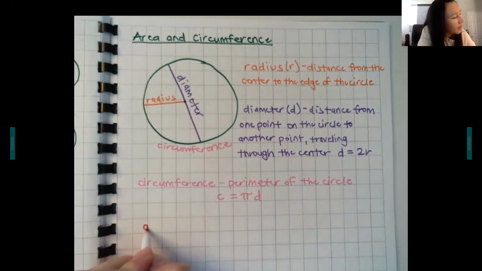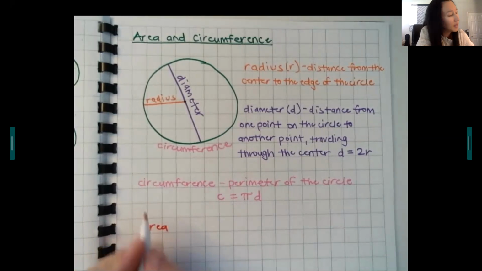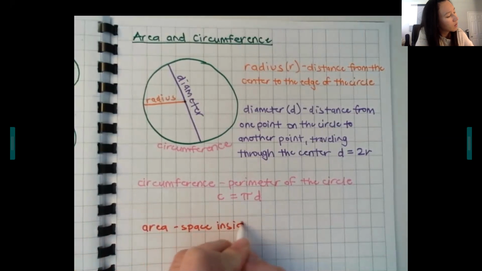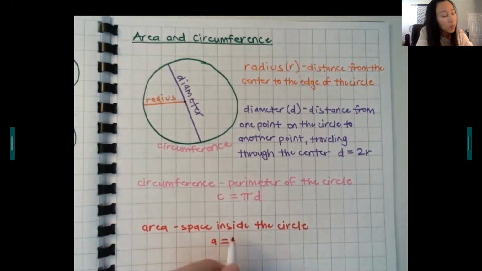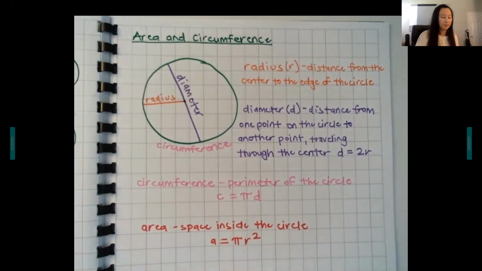And then we have area, which is the space inside the circle. And we calculate the area by multiplying pi times the radius squared.